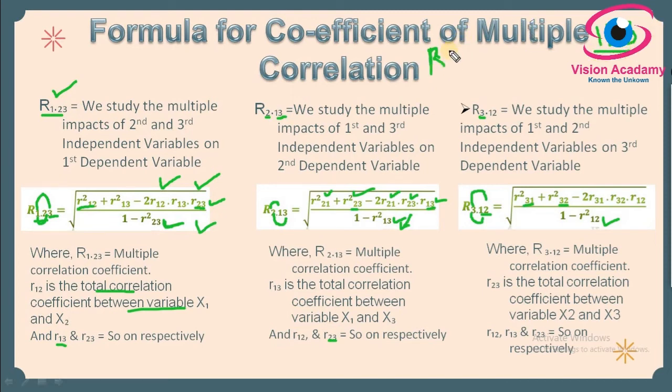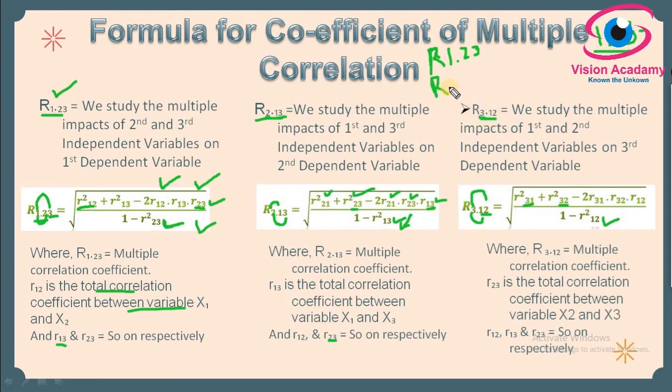As in the case of multiple correlation, we use one dependent variable, so that is R1 point, and the other two are independent variables. I will use after the point 2 3 firstly. So the first option is over, and I will consider the second option. I am telling you how to formulate this 1 2 3 into R1.23, R2.13 and R3.12.